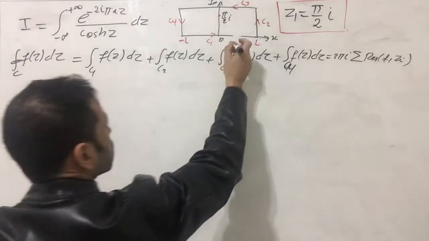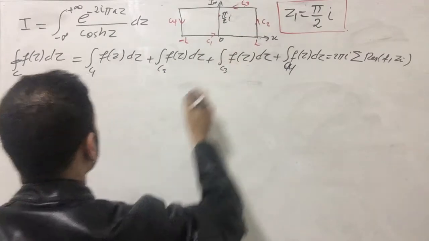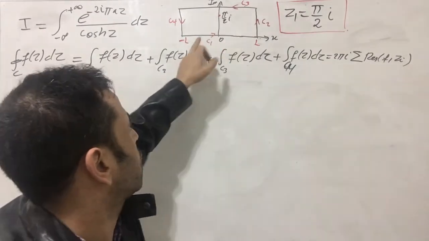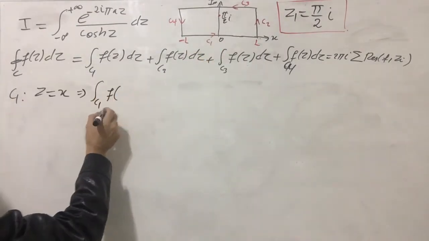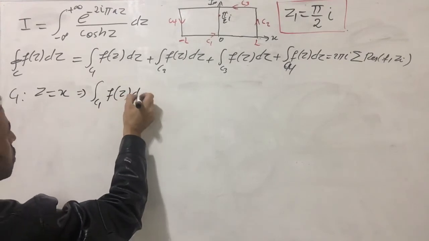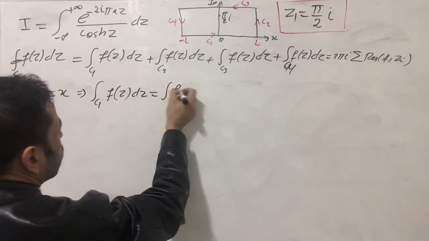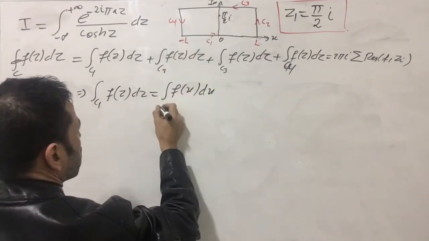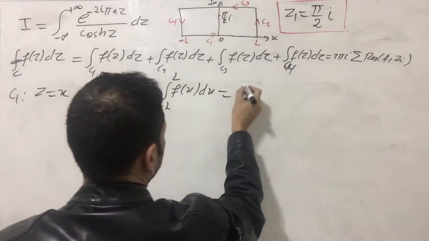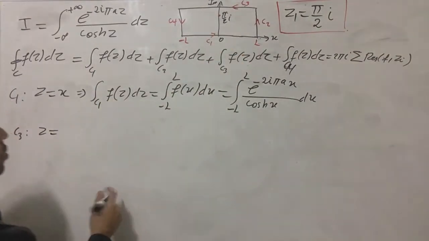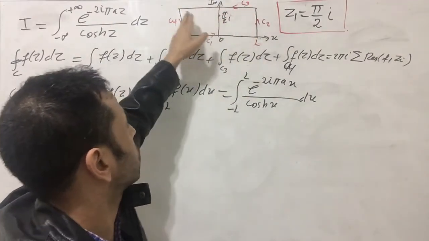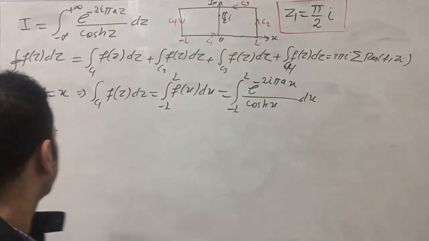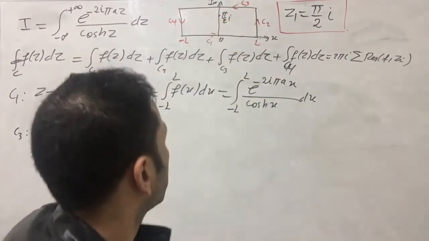this integral over C1. Over C1 we have z equal to x because we are working along the x axis. This implies the integral over contour C1 of f of z dz equals the integral of f of x dx, over the interval from minus L to L. Now over contour C3, z has a real part and an imaginary part, so z equals x plus pi i.